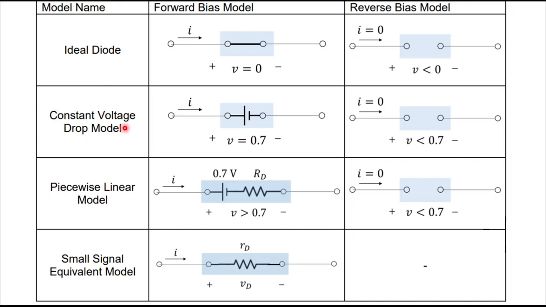So in a constant voltage drop model, the diode, instead of being replaced by a short circuit when it is in the forward bias, is replaced by a voltage of 0.7. Okay, what this also means is that the forward bias is only going to happen when V is greater than 0.7.